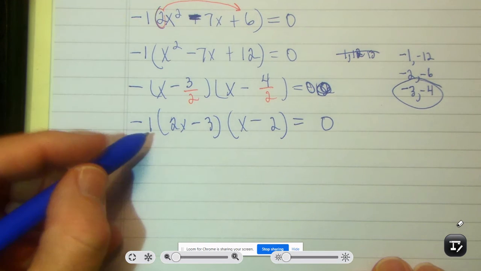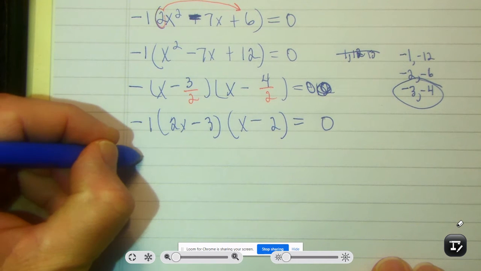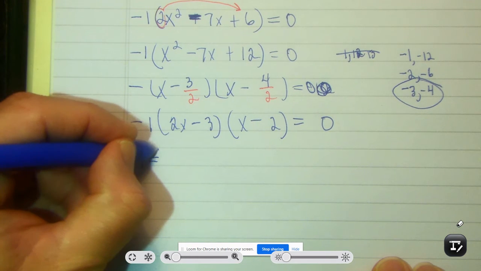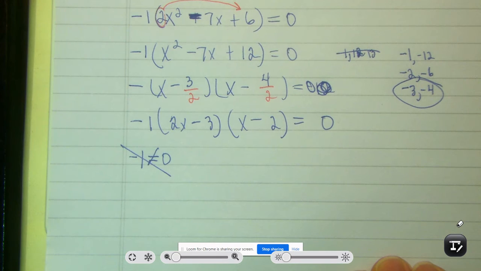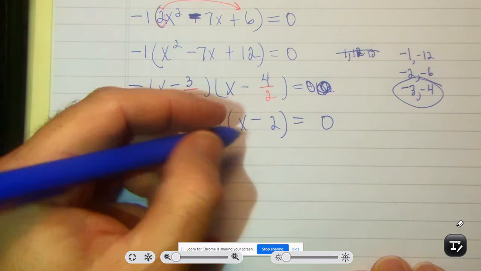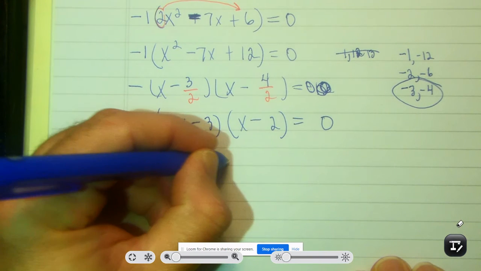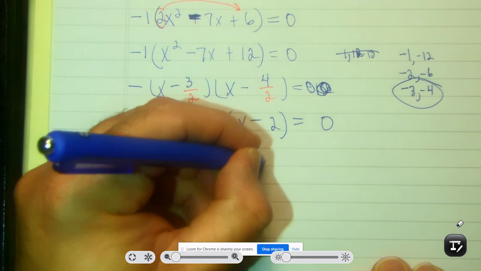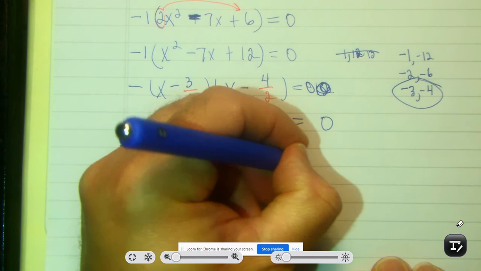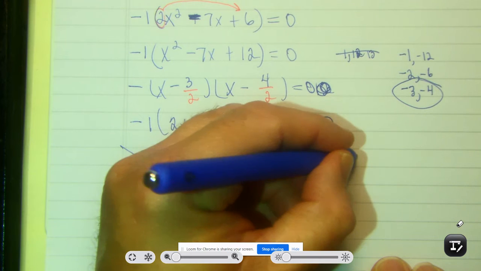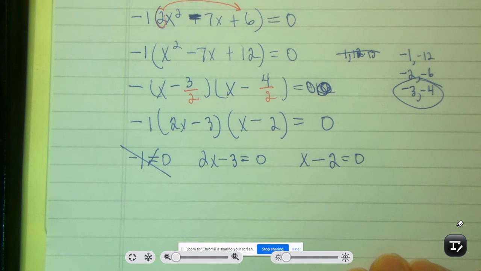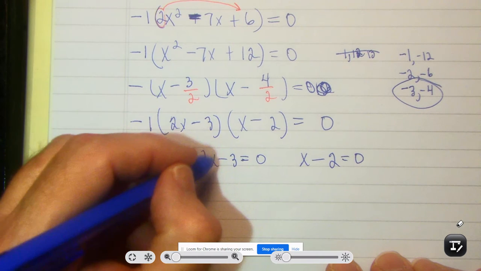So I'm going to take each factor now. I can set the -1 equal to 0, but -1 will never equal 0, so I don't have to worry about that. I've got 2x minus 3 as a factor, and I'm going to set it equal to 0. And x minus 2 is a factor, and I'll set it equal to 0 as well. All right, so let's solve each one of these.